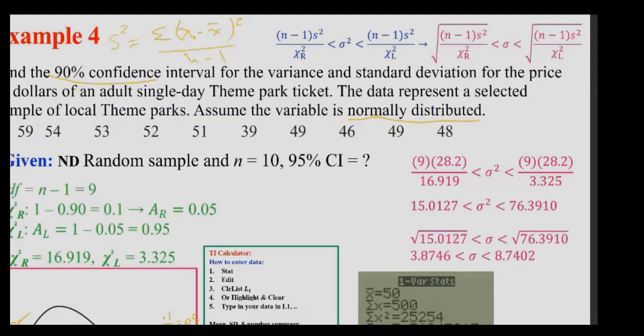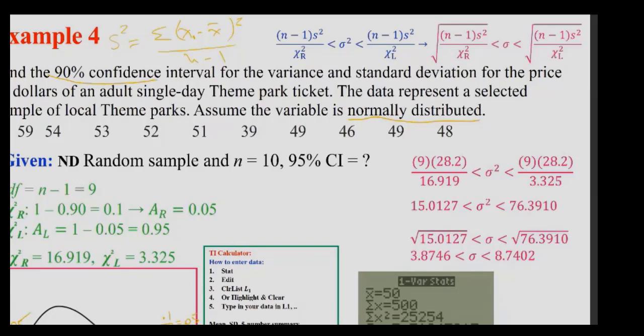So if we were to verbalize that, how would we do that? Can anybody tell us what this means? If you were to say what this means, how would you verbalize it? Anybody? We are 90% confident that the standard deviation is between 3.8746 and 8.7402.